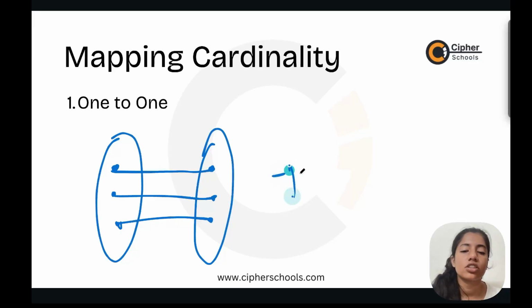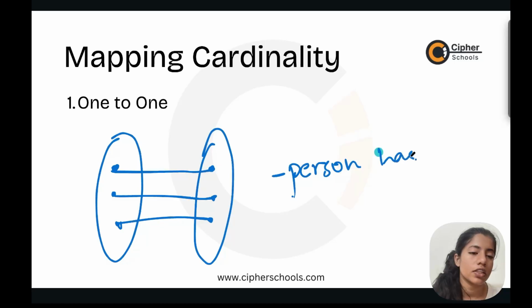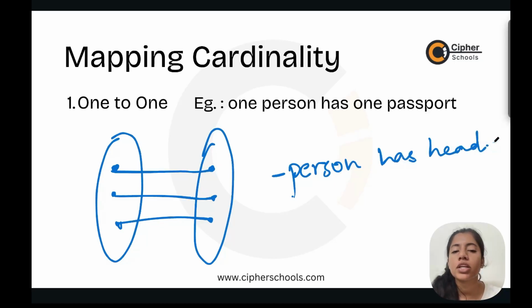The one I said just now: a person has a head. Similarly, one more example is a person has one passport. One particular person can have one particular passport, and one passport cannot be associated with multiple people. It is associated with only one person. So this is an example of one-to-one cardinality.